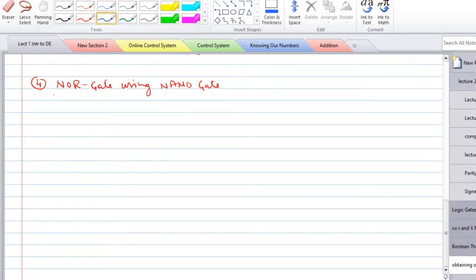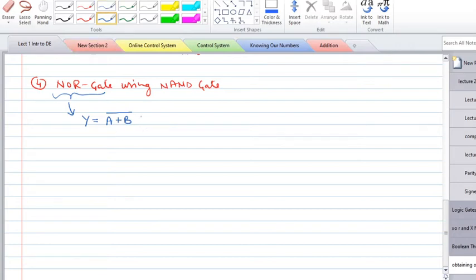Again the same rule, you have to start with the NOR gate Boolean function, that is written like this, the Boolean expression of NOR gate is Y is equal to A plus B bar. Okay.